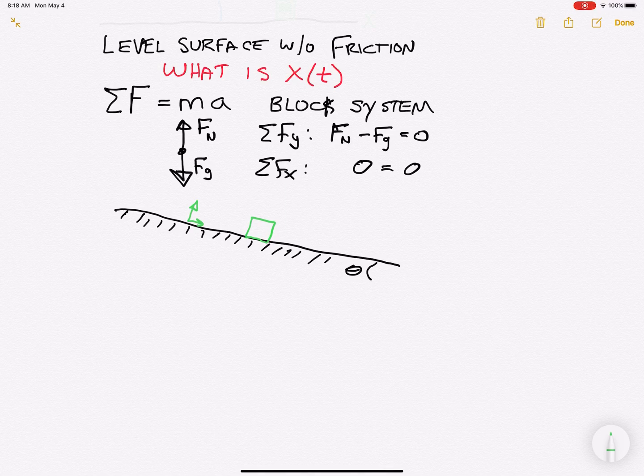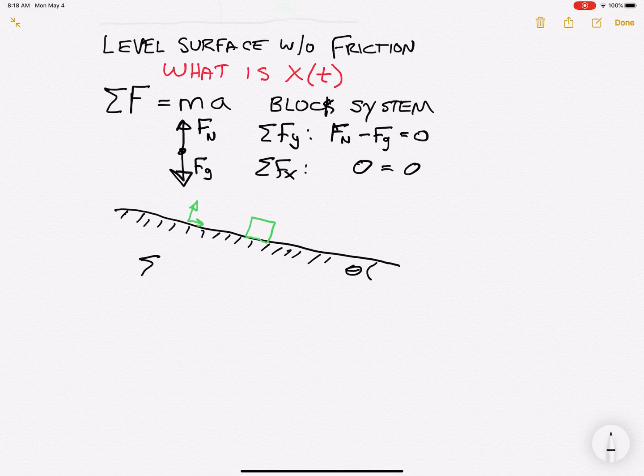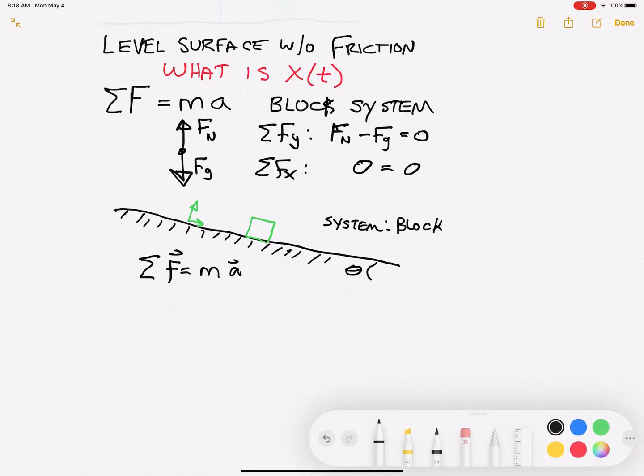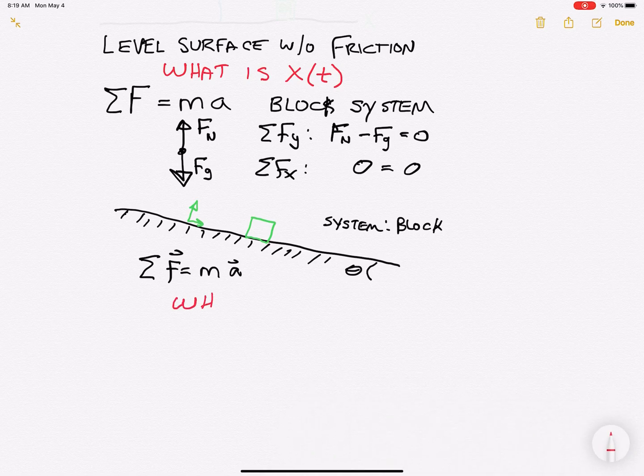So again, what we would do is sum the forces equals mass times acceleration. System is going to be the block. And again, our question is, which I didn't answer last time, but let's get the question down. What is x of t?